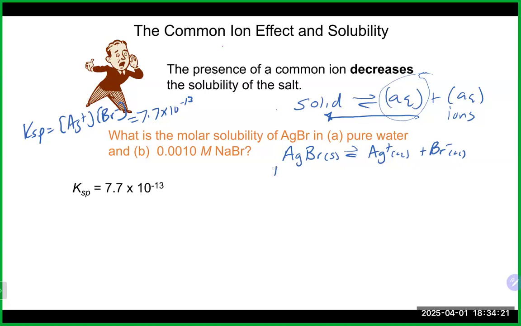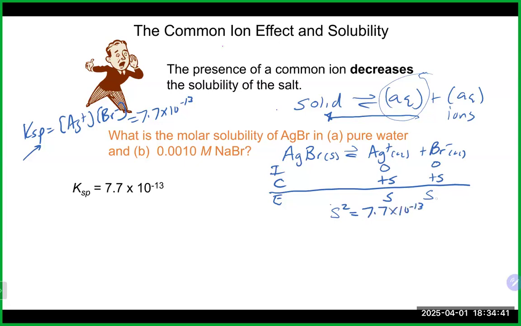Doing our ice table, 0, 0, change plus S means at equilibrium we have S and S. That goes into our KSP expression, giving S squared equals 7.7 times 10 to the minus 13. We square root both sides, and that gives us a molar solubility of 8.8 times 10 to the minus 7 moles per liter of silver bromide.